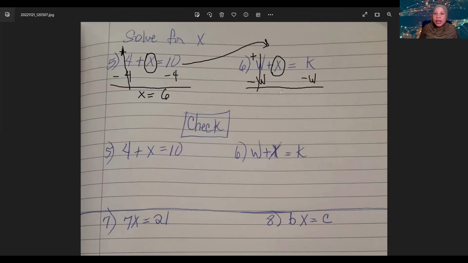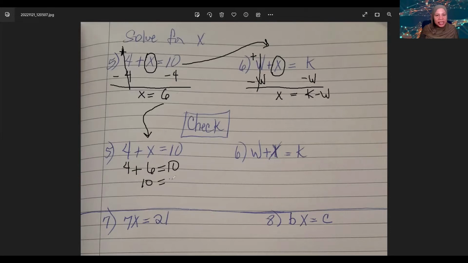The w's cancel out. You get x equals k minus w. Now, if you wanted to put the w first, you would just have to write negative w plus k. It still would be the same. I'm just going in order vertically. Now right here, if you want to check it really quick, you put the 6 where the x is, and you say 4 plus 6 equals 10.